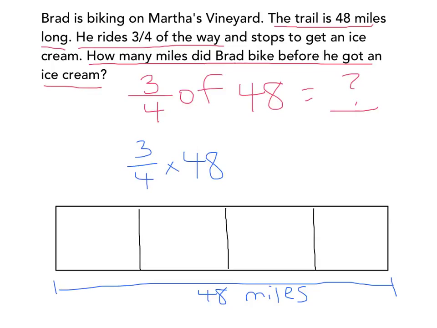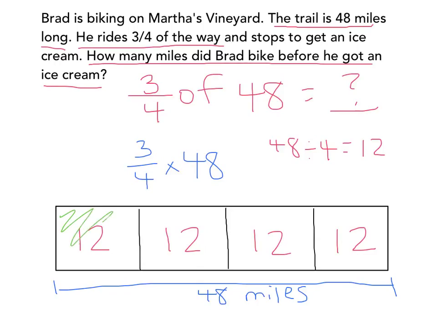So I can do that by thinking about 48 divided by 4 equals 12. So there are 12 miles here, 12 miles here, 12 miles, 12 miles. But we know that Brad is only biking 3/4 of the way.